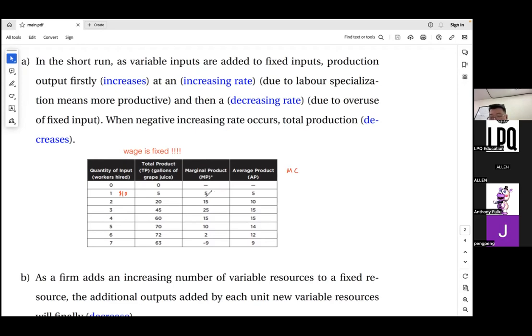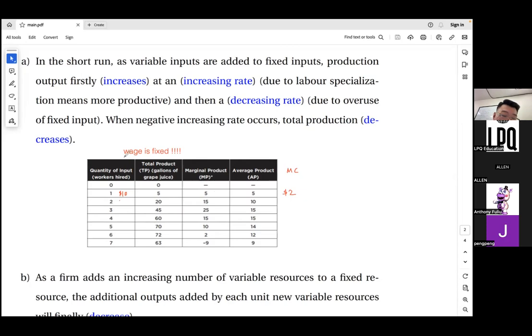You do 10 divided by 5. Now you pay $10 for 5 units, so MC, averagely speaking, is $2.